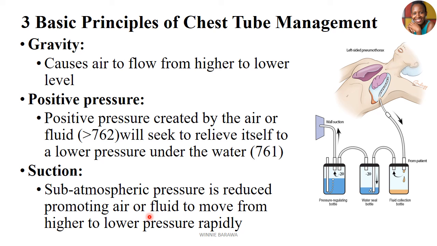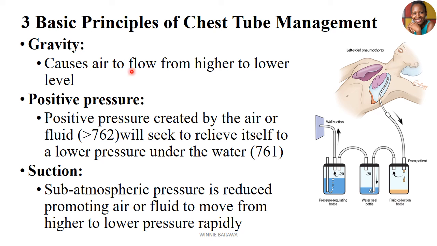The other one is suction. When you talk about suction, we are looking at reduced subatmospheric pressure, which promotes the air or the fluid to move out from higher to lower pressure rapidly. Looking at this space again, where the content is accumulating, it creates a suction effect in this place, and the content can basically come out and be suctioned into the collection point.